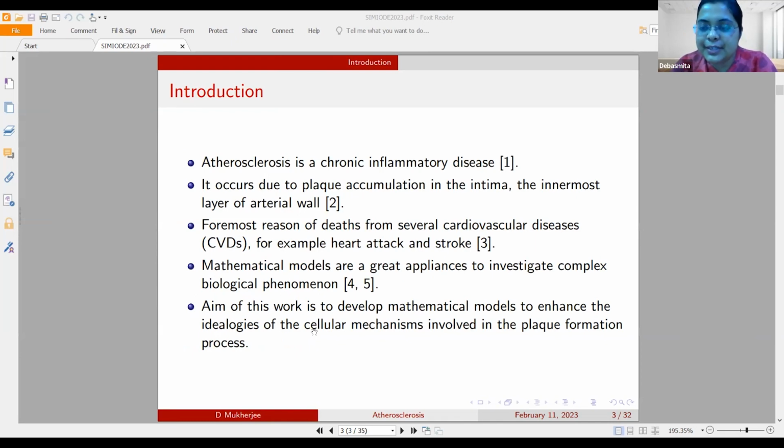Nowadays, it is very important to develop mathematical models to understand the intricacy of several disease dynamics. The aim of this work was to develop one model which can contain a good number of cellular species, so we can understand the disease in a better way.